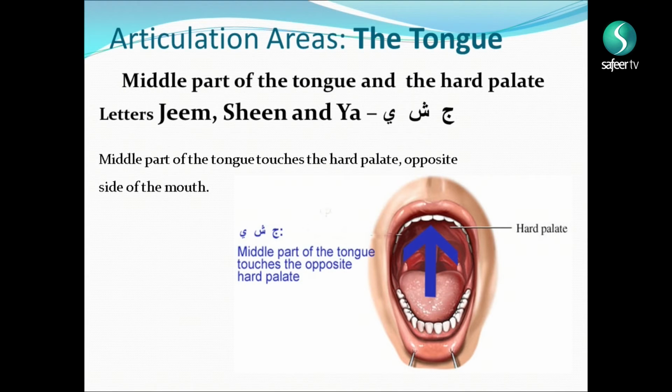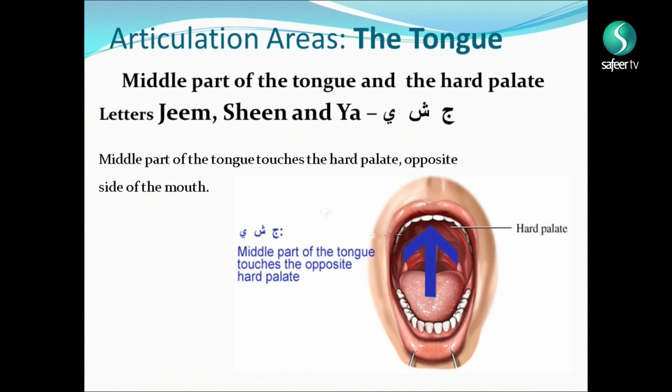Of course, we have a terminology in Tajweed. For these three letters, we call them Shajari letters, because they are produced from the Shajar, which is the space between the upper jaw and the lower jaw. So these three letters are Shajari letters.